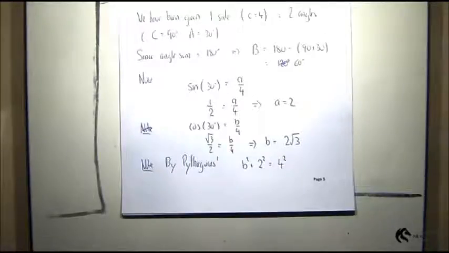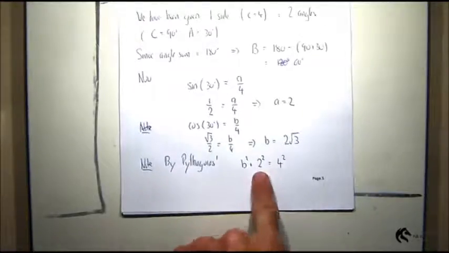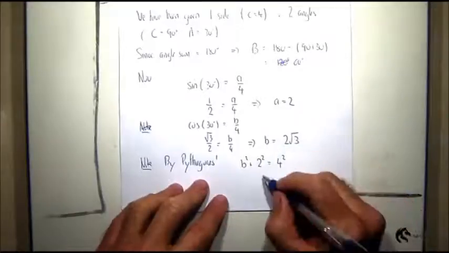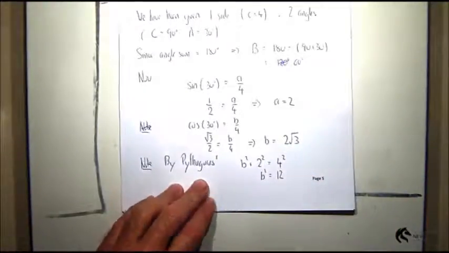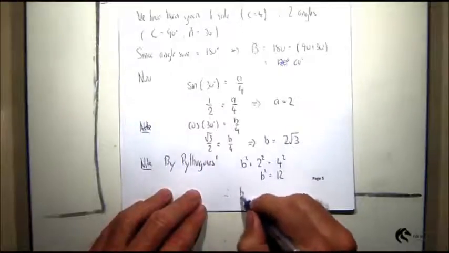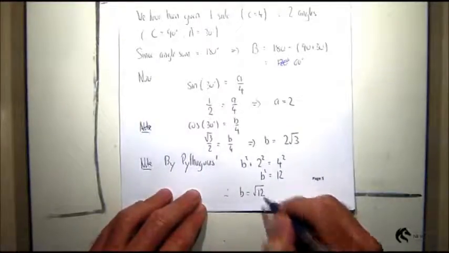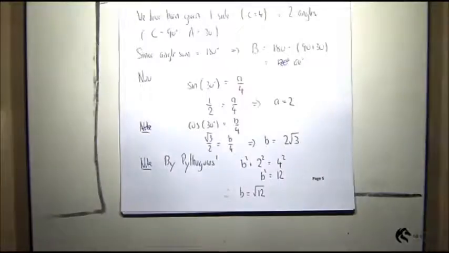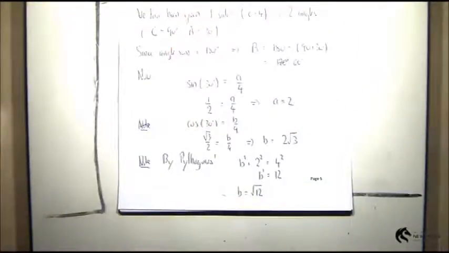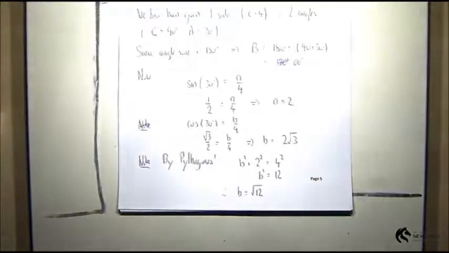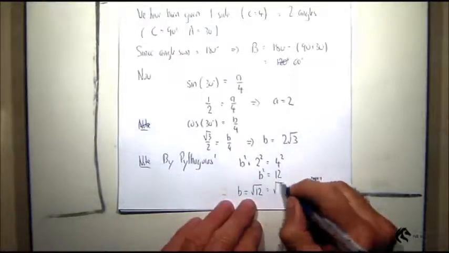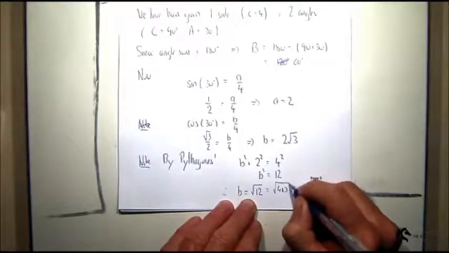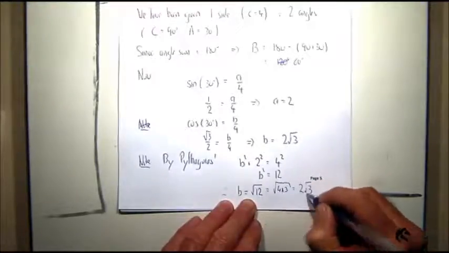So this tells me that 16 minus 4, so B squared is equal to 12. So therefore, B is equal to the square root of 12. And I know it's not the negative square root because we're talking about the length of a triangle. So it has to be the positive square root in that case. Now, the square root of 12 is the square root of 4 times 3, and so that becomes 2 root 3.